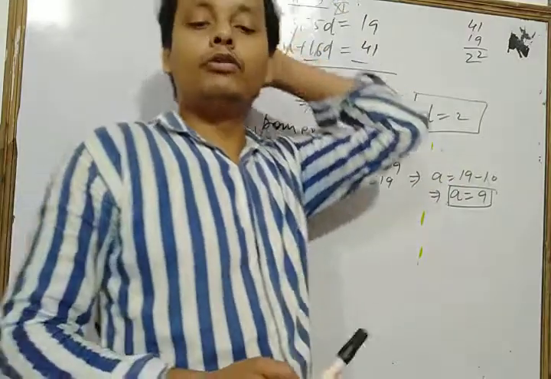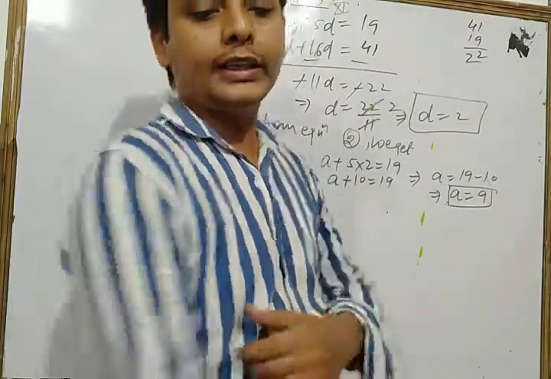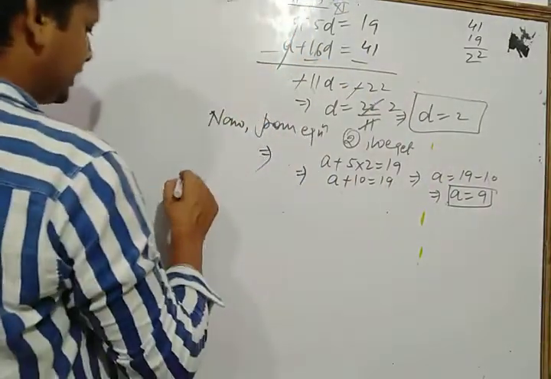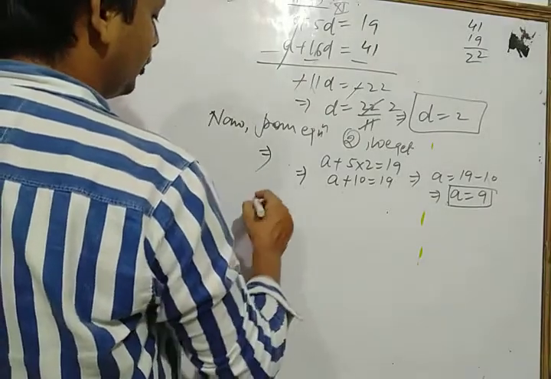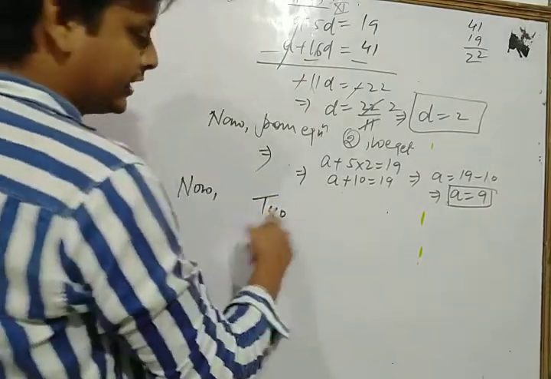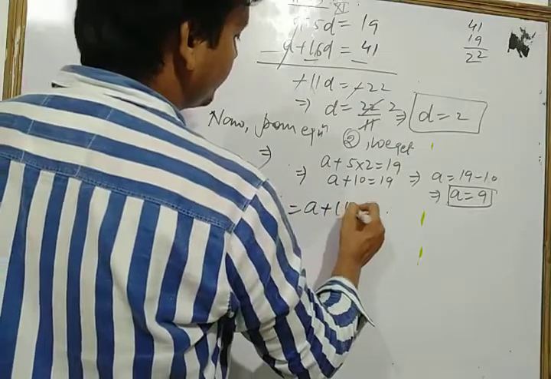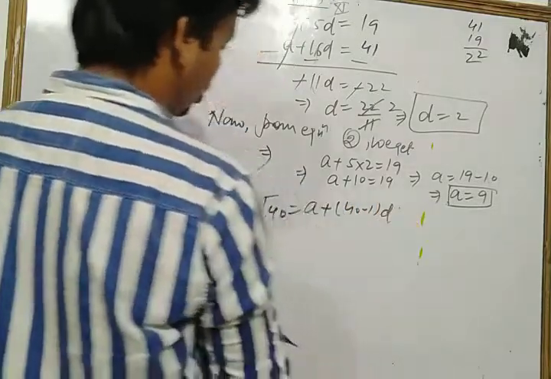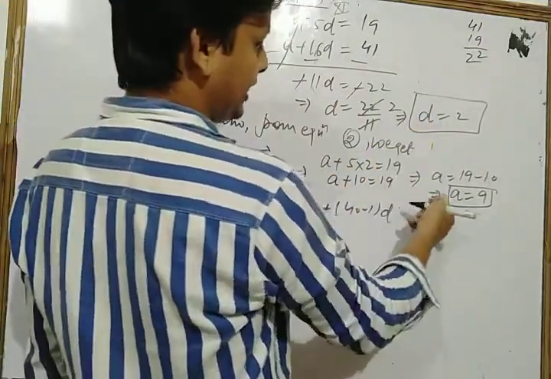Now we find the 40th term of the given AP. T40 is equal to A plus 40 minus 1 into D. Now we put the values of A and D in that equation.